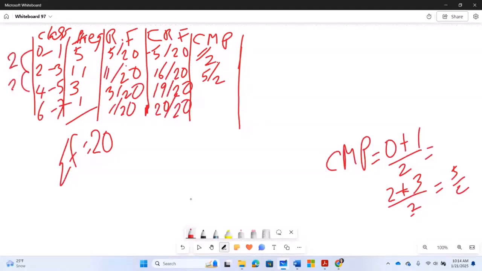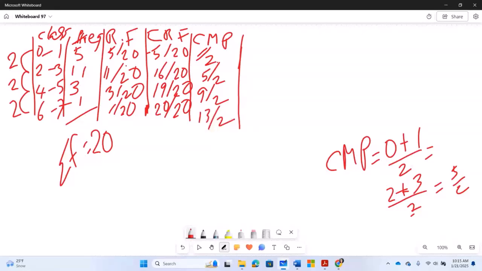The class width is the difference between consecutive lower limits. So all I have to do is keep on adding 2 here. So right here, I am going to have 9/2, and if I add 2 again, I have 13/2.